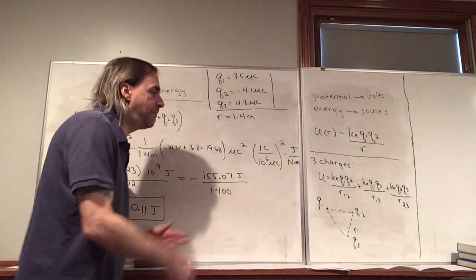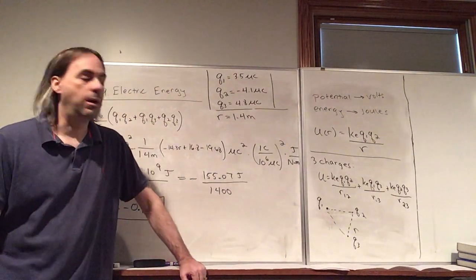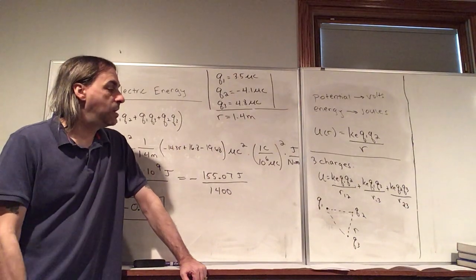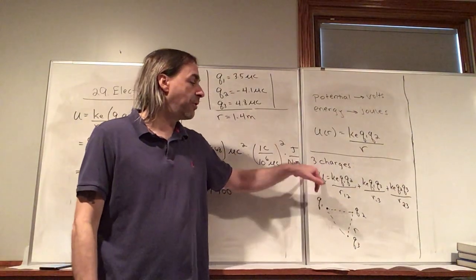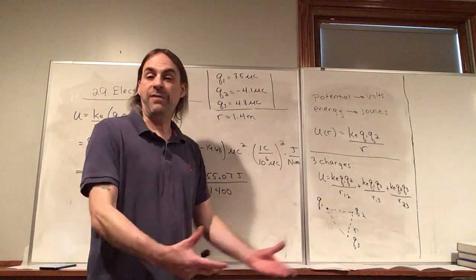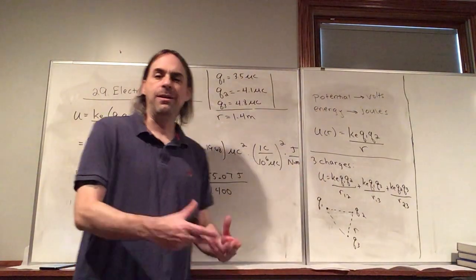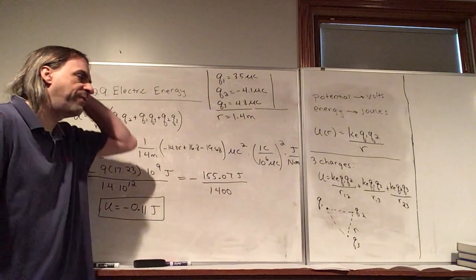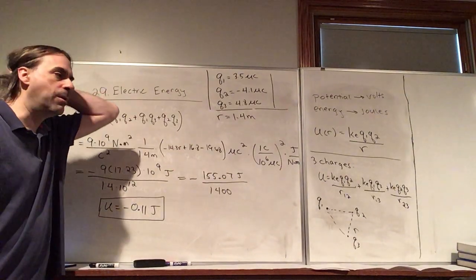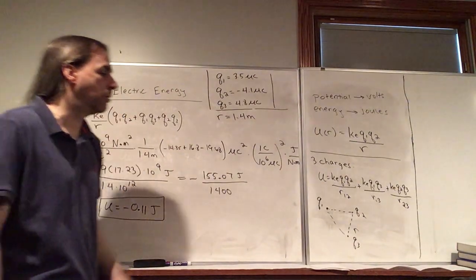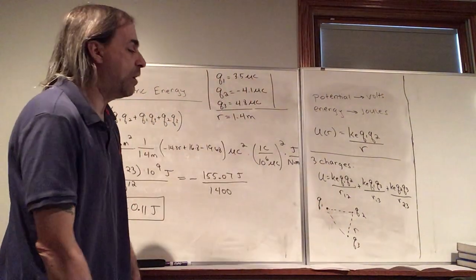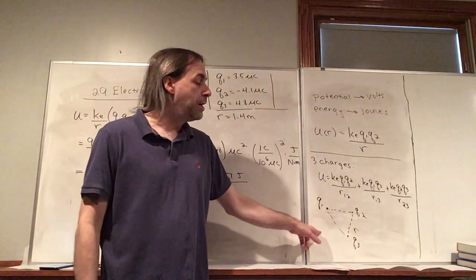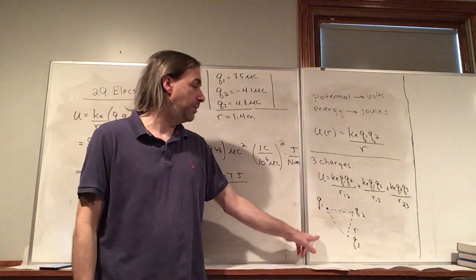Now, you could have this for any number of charged particles. This is just the formula for 3 charges. You could have 10 charges, but again, the number of pairs grows very quickly. So it probably won't go more than 3 particles on a quiz or a test. If we added Q4, that would be an additional 3 terms.